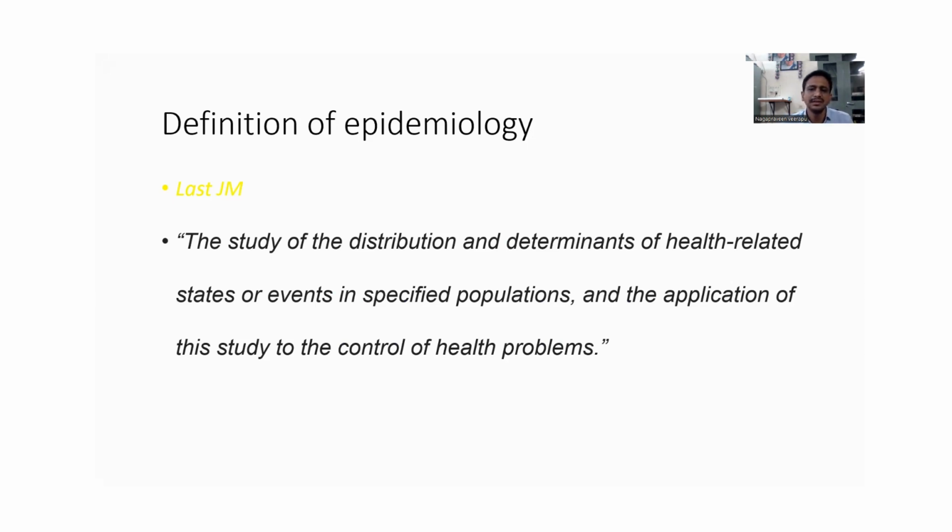And we are applying this study for the control of these health problems. It may be the prevention part, the treatment part, a tertiary level, or a rehabilitation part. So we are controlling the health problems also in the definition of epidemiology.